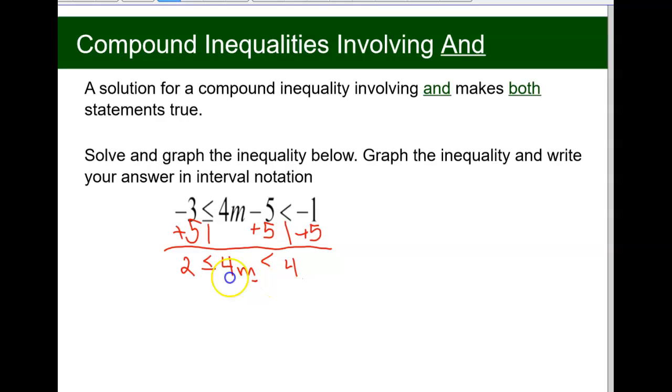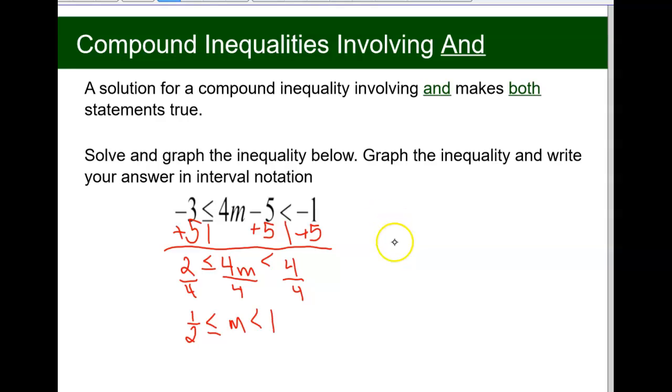I'm going to divide both sides now by 4. Well, 2 divided by 4, that's just 1/2, less than or equal to m, which is less than 1. That's my compound inequality. m can be anywhere from 1/2, including 1/2, all the way to 1.